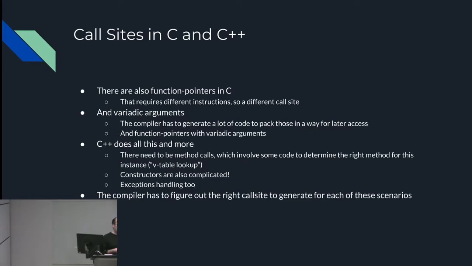In C++, you now have constructors, which are also kind of functions and need their own kind of call sites, and they're even more complicated. C++ also allows you to throw exceptions, and the exception type handling is very complicated. So now you've taken all of this and doubled it for the exception versus non-exception handling functions. So it's up to the compiler to figure out what the right call site is that it has to generate for each of these different situations where you just seem to call a function.